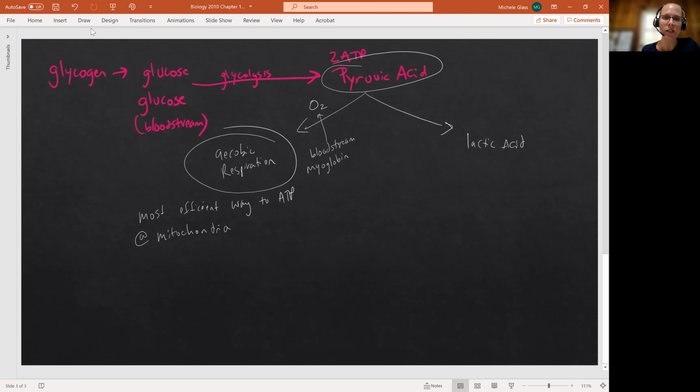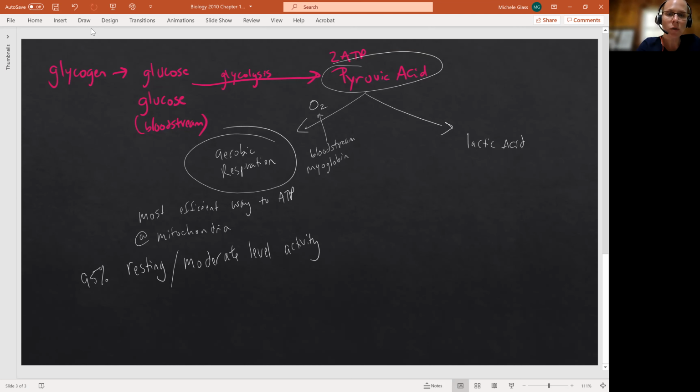So as long as you have oxygen that you're able to recruit from the bloodstream, or you've stored in the cell in the form of the myoglobin, you're able to do this aerobic respiration. This is really helping us get energy when our muscle is resting or when our muscle is doing moderate level of activity. It's giving us like 95% of our energy pretty much during that time.